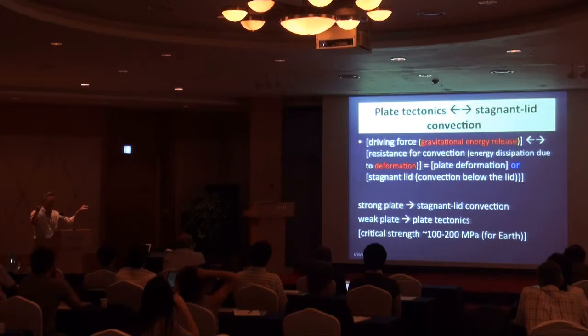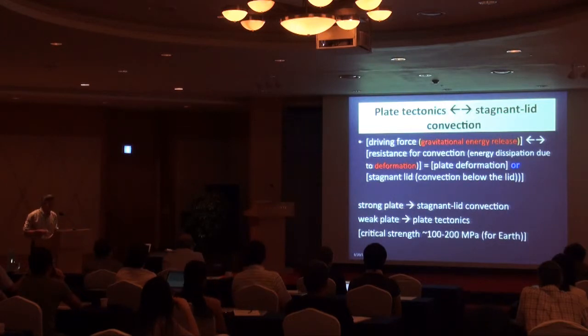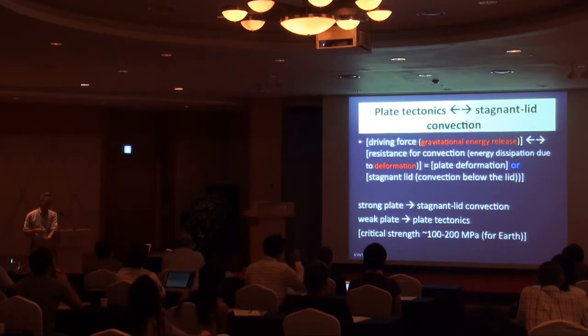One is that the surface is just rigid and the interior is deforming, but you could also add surface deformation. Then you can ask under which condition the surface could be involved in the convection, which is the plate tectonic mode. And the answer is, if the surface is modestly strong, not as strong as like 1,000 MPa. So this is the condition for plate tectonics in very simple terms.